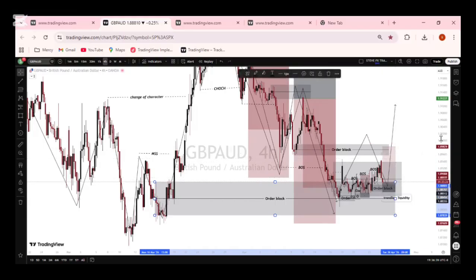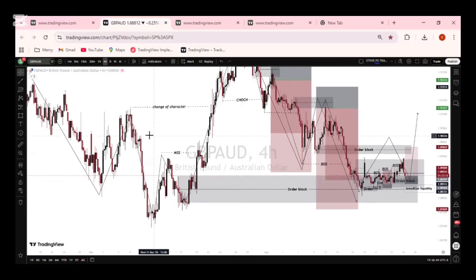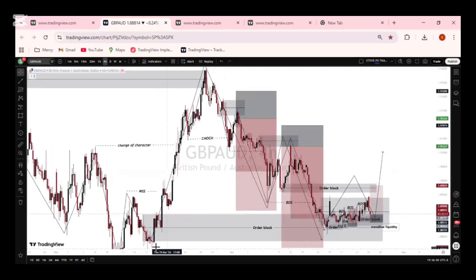And as explained, the higher time frame is the main directional engine of the market. We had a bearish market all the way coming downwards. Then we saw this heavy impulsive move. We have this strong impulsive move.